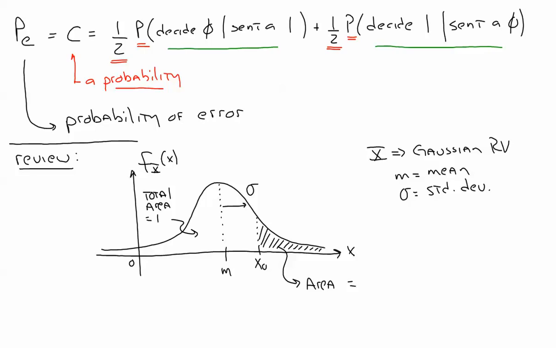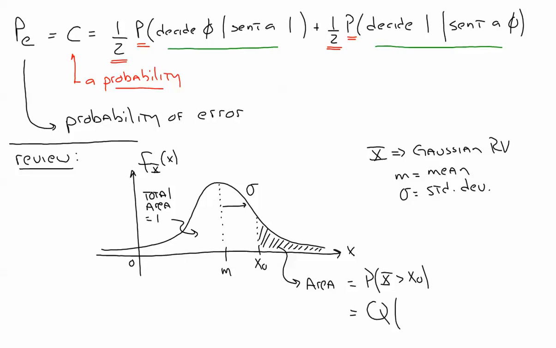The area in the upper tail above point x naught is the probability that the random variable x is greater than x naught, and you'll recall that that's found through use of the Q function.